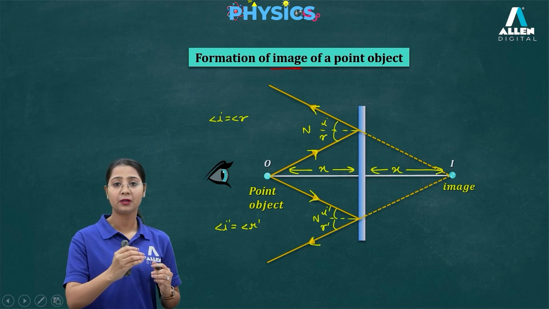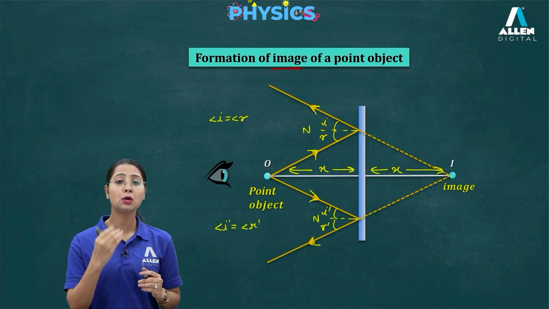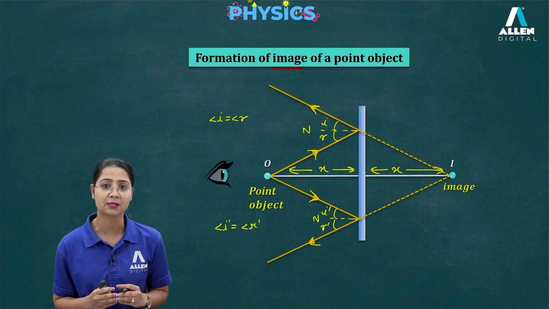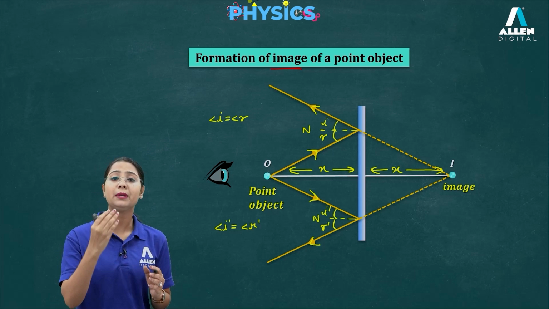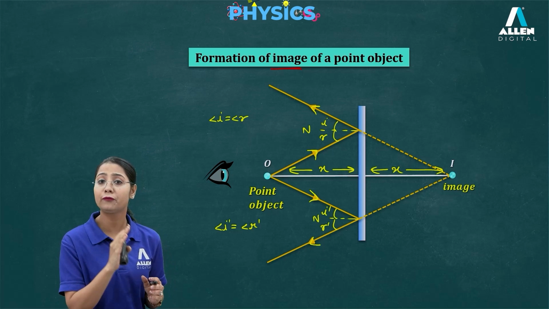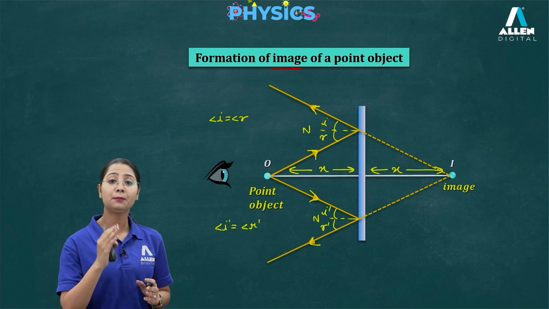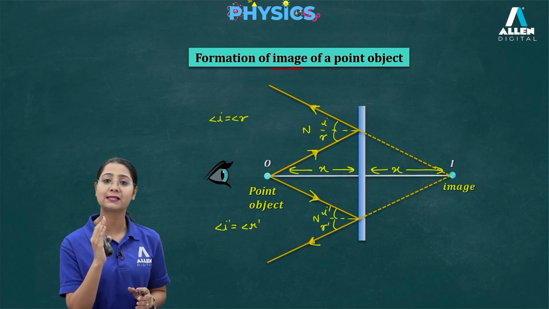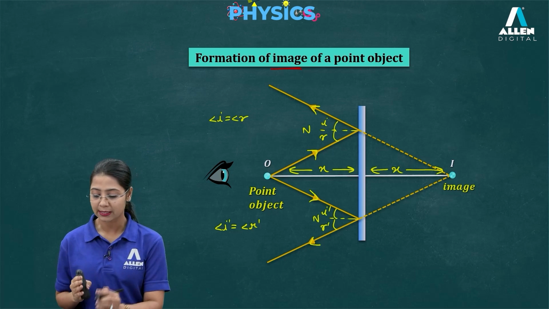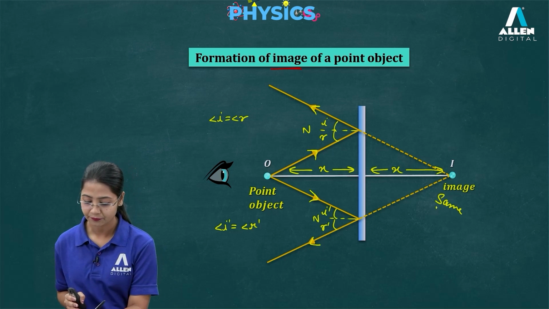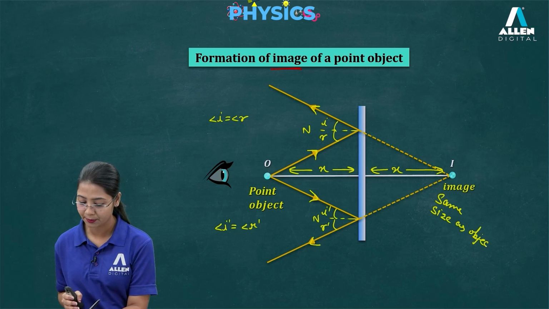That means if you are standing in front of a plane mirror at a 2 meter distance, your image will also be at a distance of 2 meters from the plane mirror. Now you will find the image is exactly the same size as the object. So I can say same size as the object. This is the property.